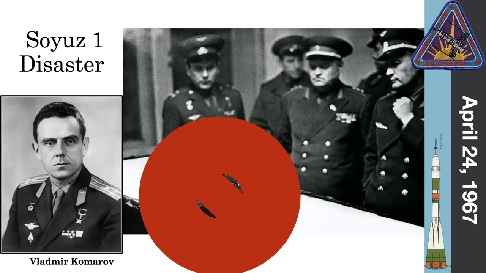And so Vladimir Komarov decides to volunteer to go up, because if he doesn't, his backup is going to be Yuri Gagarin, the most famous and important Russian cosmonaut, and he can't have him die. So Komarov volunteers to go test the Soyuz 1 rocket, knowing it's going to kill him.